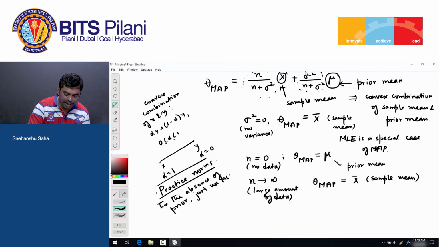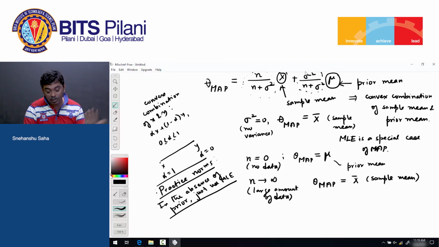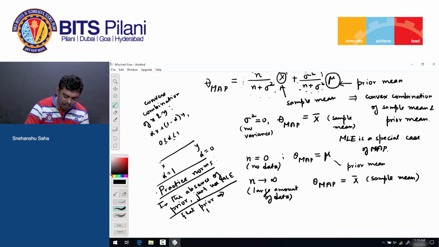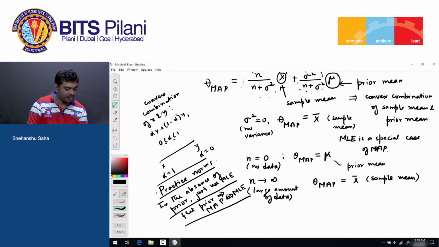If you don't have a prior, you can't do anything about it, right? And in the case of a flat prior, meaning there is no variance in the data, you really don't need to care about overfitting, right? Your MAP is equivalent to MLE. Okay, use MLE.